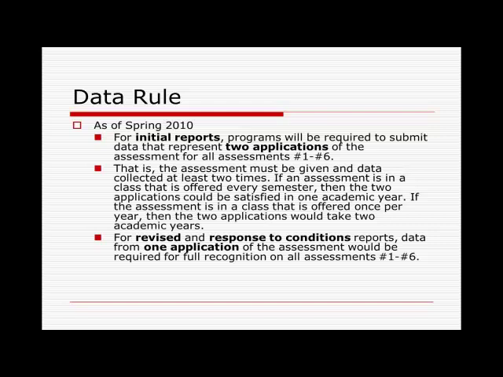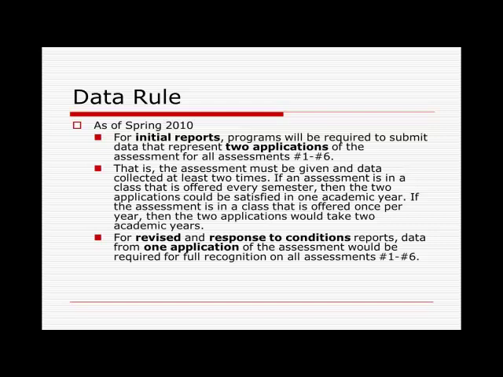Since spring 2010, we've required 2 applications of data on all assessments if it's an initial report. And if it's a revised report or response to condition report, you would only be looking for 1 application of data. And it's only on those assessments that they have to revise or have to respond to.